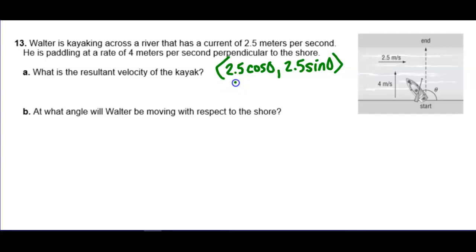Or it's going to end up to be 2.5 and 0 when you type those in. The kayak, he's trying to kayak straight across the river here, okay? But he wants to end up over here.